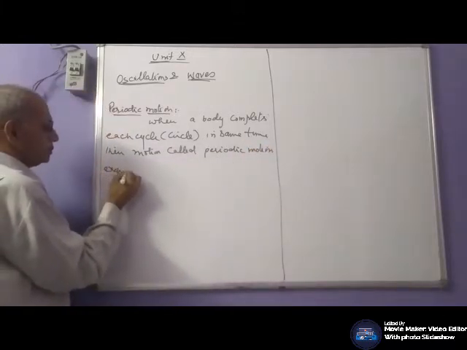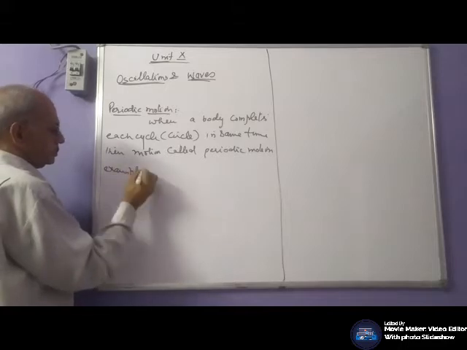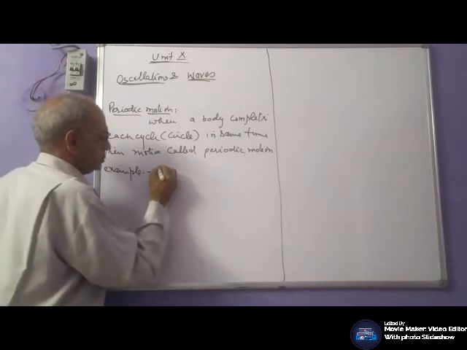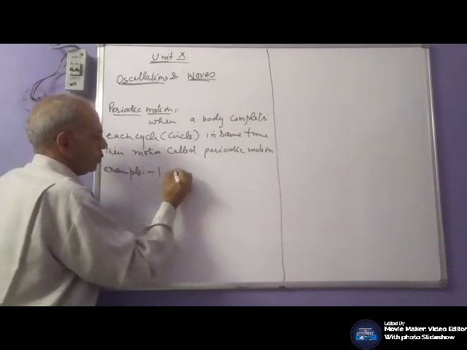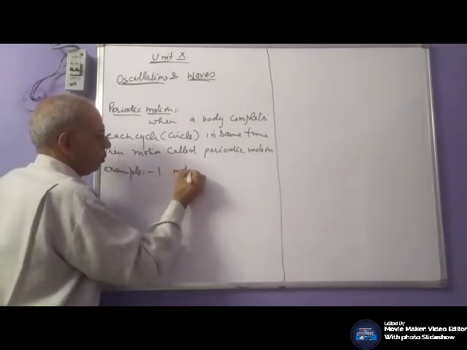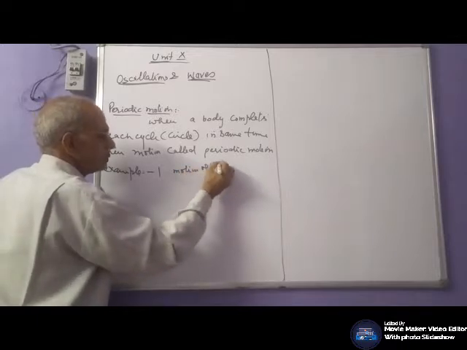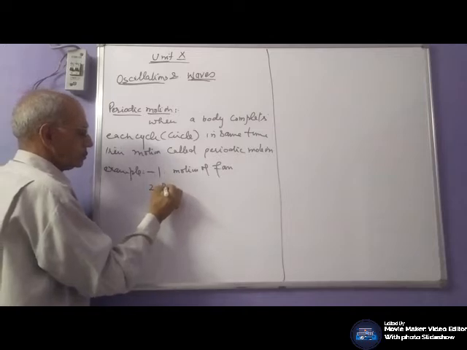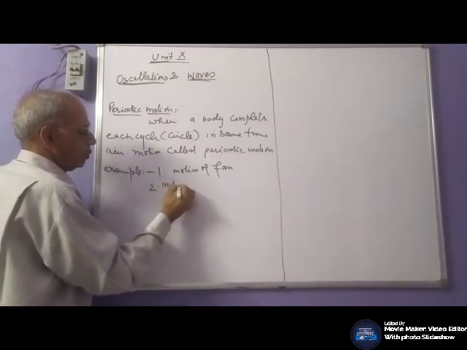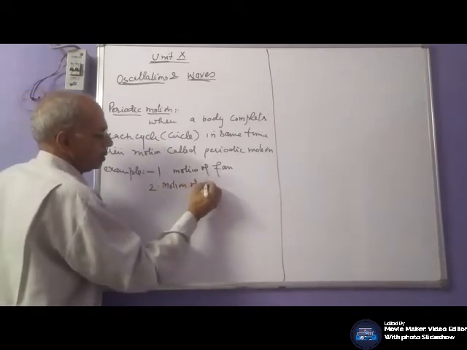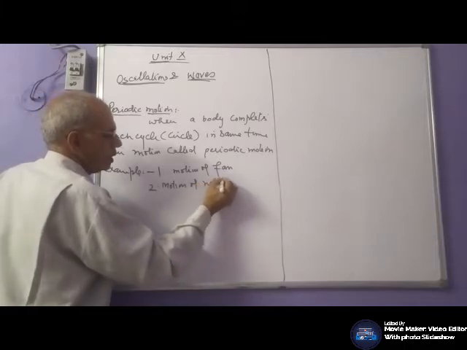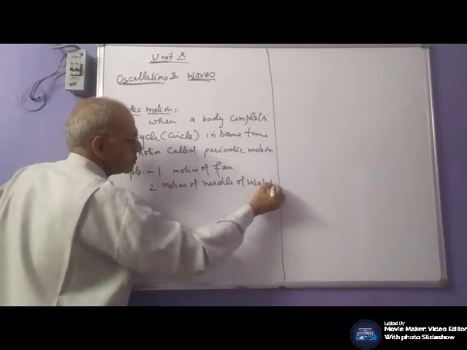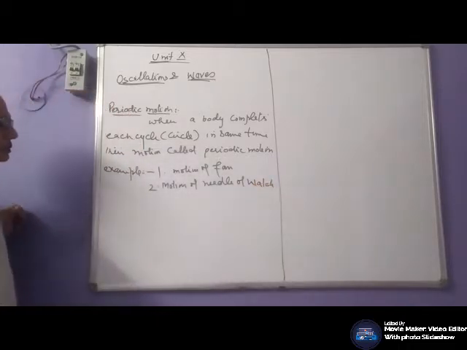Example: motion of a fan, motion of the needle of a watch. These are periodic motion.